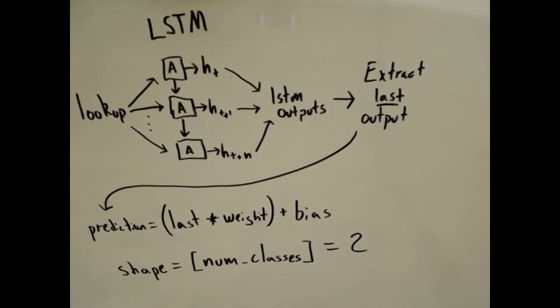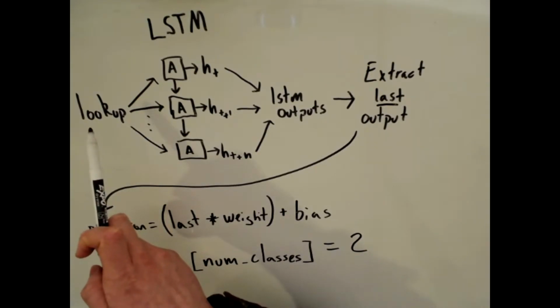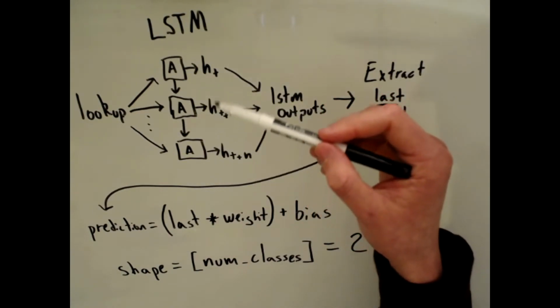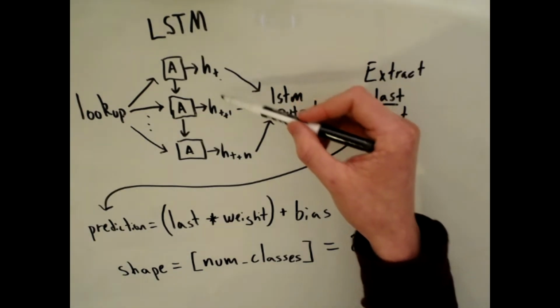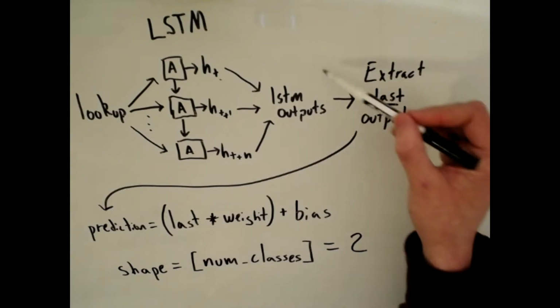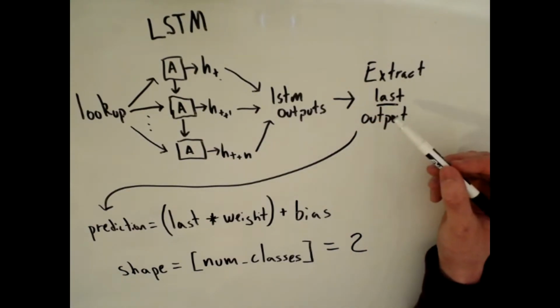From a high level, what we're going to try to do is take this lookup here, which is our list of word vectors. We're going to pass it into the LSTM, and this LSTM is going to produce outputs at every time step, so t, t+1, t+n. So that'll be stored in the LSTM outputs from TensorFlow. Then we're going to have to extract the last output, because that's the only output we care about.